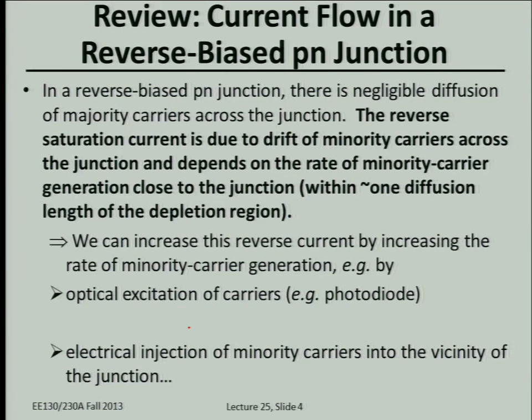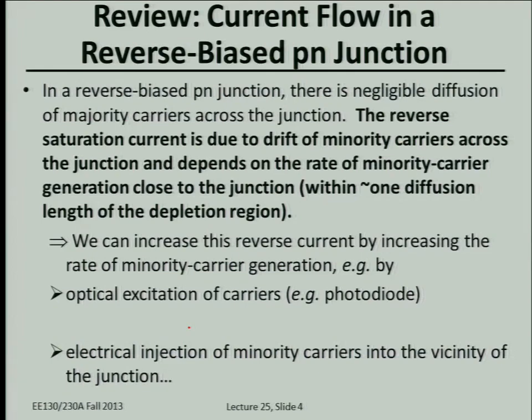So the idea behind a bipolar junction transistor is that, rather than using light to modulate the reverse bias current in a PN junction, why don't we just use a forward biased PN junction? We use a forward biased PN junction to inject minority carriers into the base.